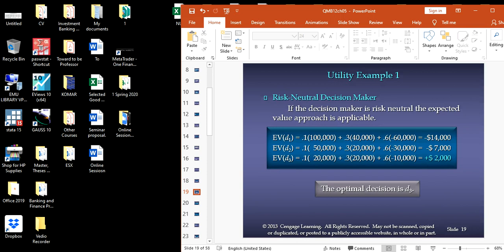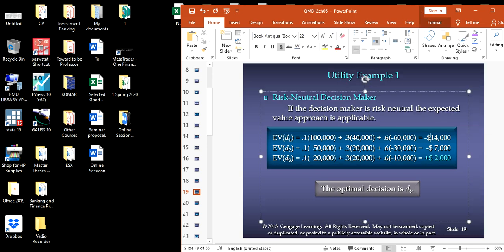A risk neutral decision maker, as we said, is going for the highest expected value, expected value in monetary values. So when we talk about risk neutral, you go for dollars, not utility.